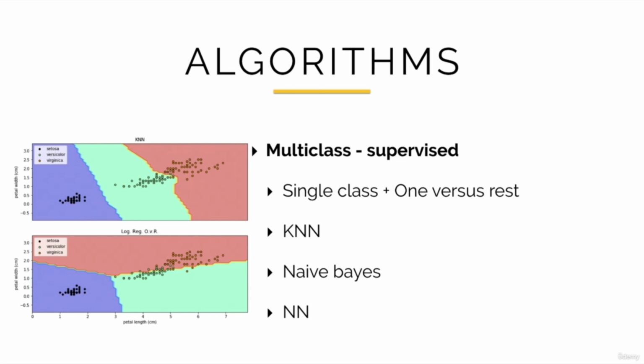Now for the k nearest neighbors, this algorithm just looks at, all right, what are the points around me? And then based on that, it tries to make a guess. And so an important thing to note here is that for the logistic regression and for the support vector machine, what we always had is basically a straight line separating.